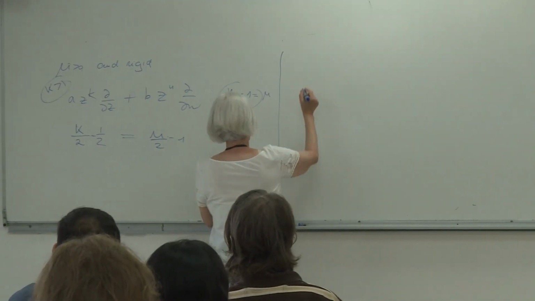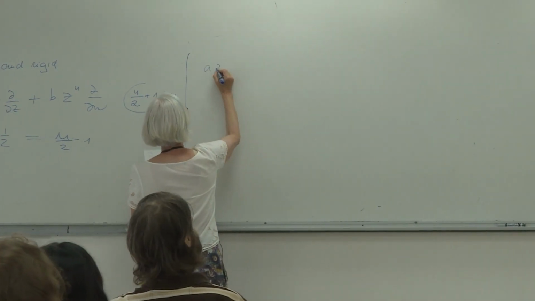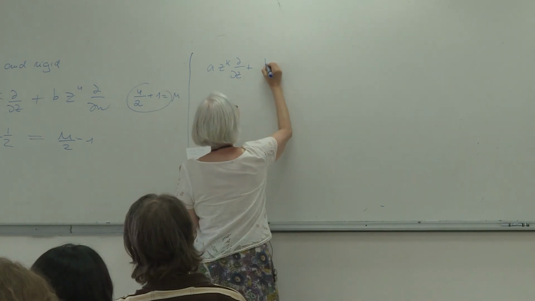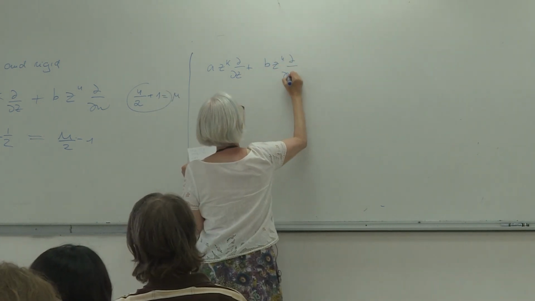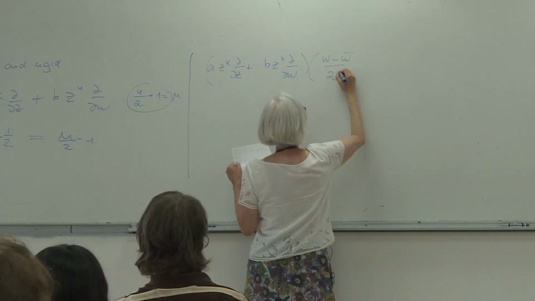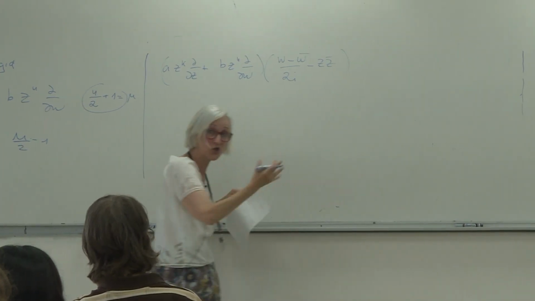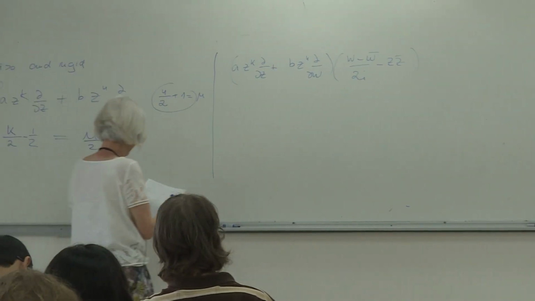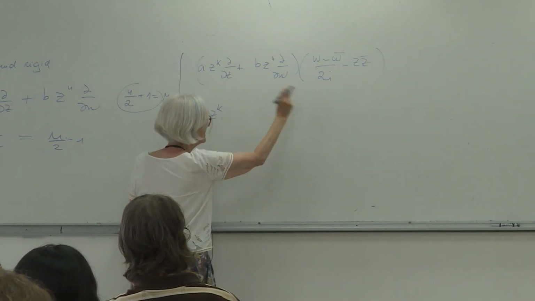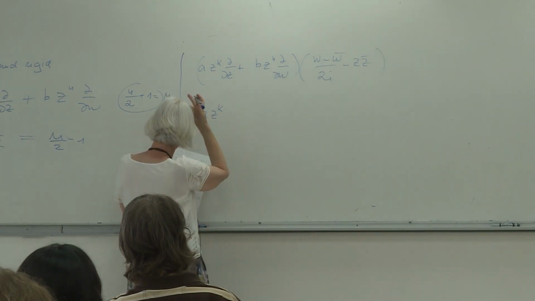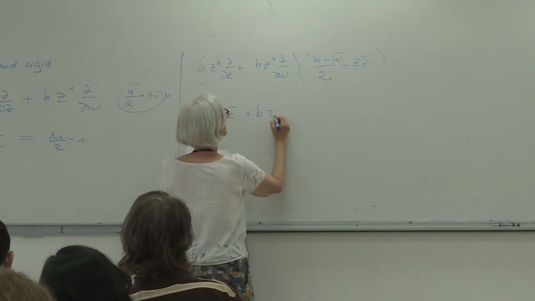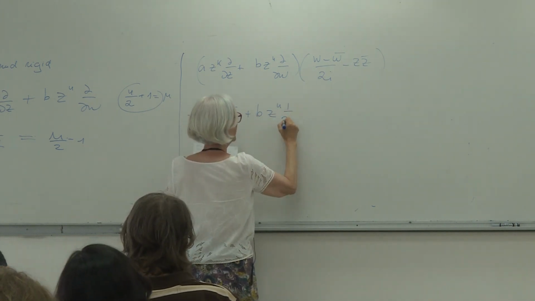Why is it so? So I apply A z^k d/dz plus b z^u d/dw to my w minus w bar over 2i minus z z bar, and I will take the conjugate, add. So what do I get? Minus A z^k z bar, plus b 1 over 2i, right?